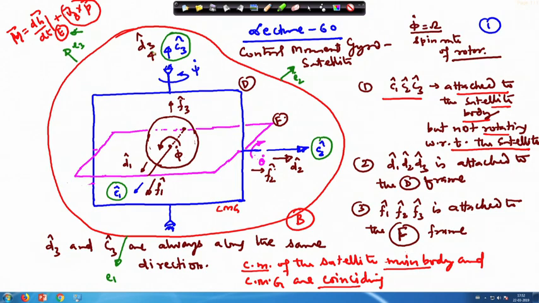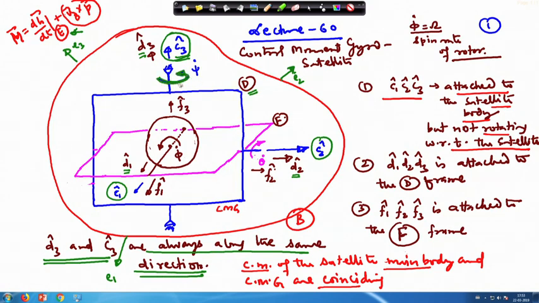Thereafter, we have chosen a frame attached to the external frame D, which I have shown as D1, D2 and D3. This is rotating along with the frame D, but there is one point to note: D3 and C3 are always along the same direction, because this frame shown in blue, the D frame, is rotating about this axis.